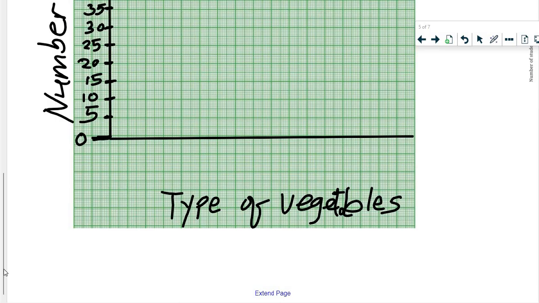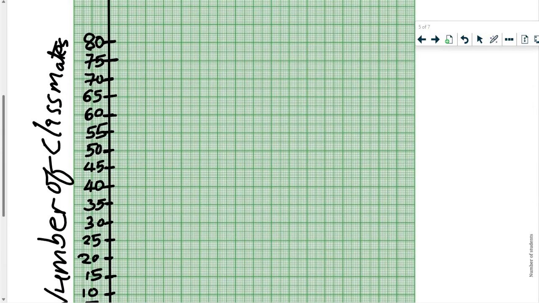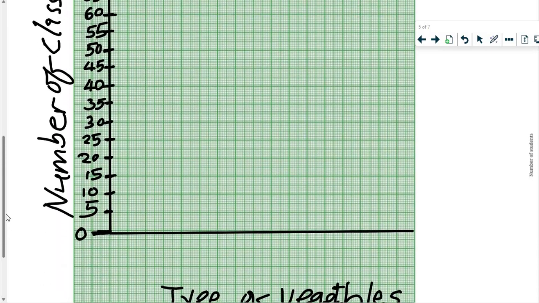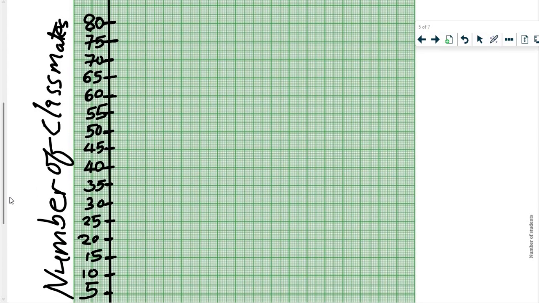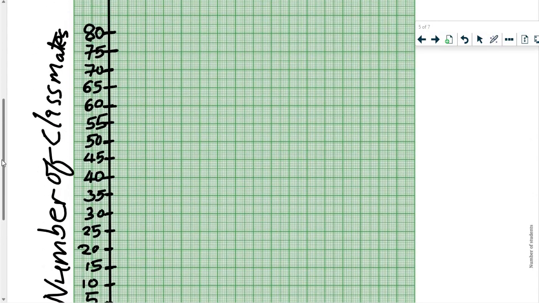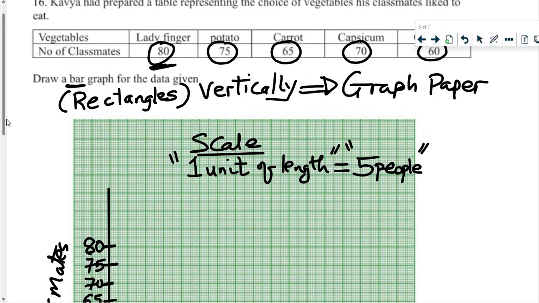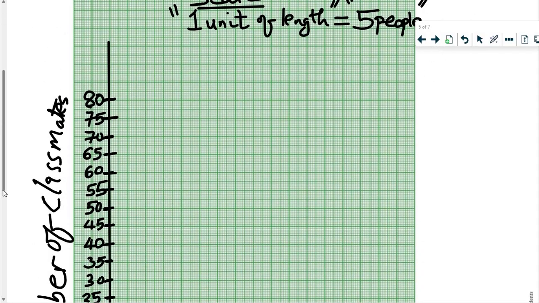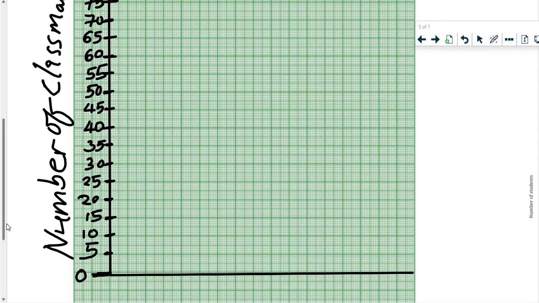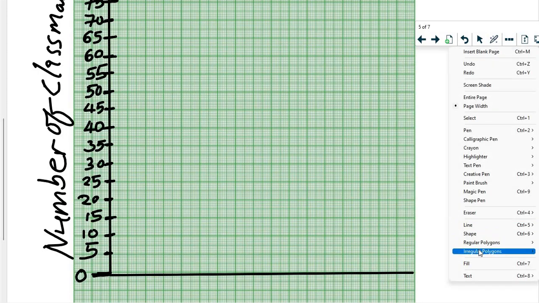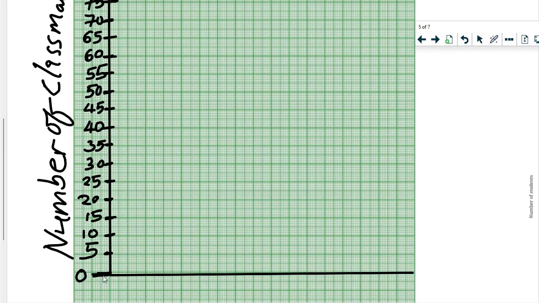Now, after setting up like this, you start drawing the so-called rectangles. The first rectangle goes for ladyfinger, 80. So draw like this using a scale. Leave a gap of uniform width.